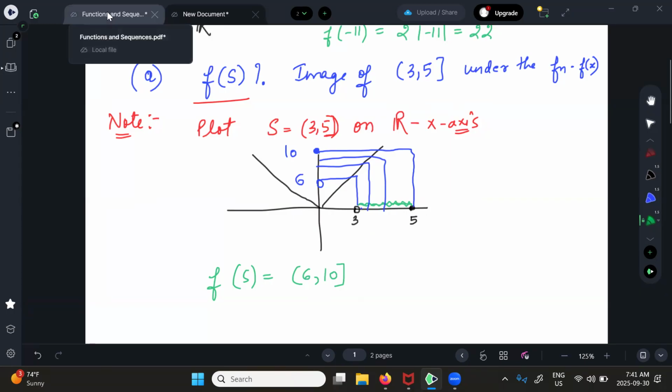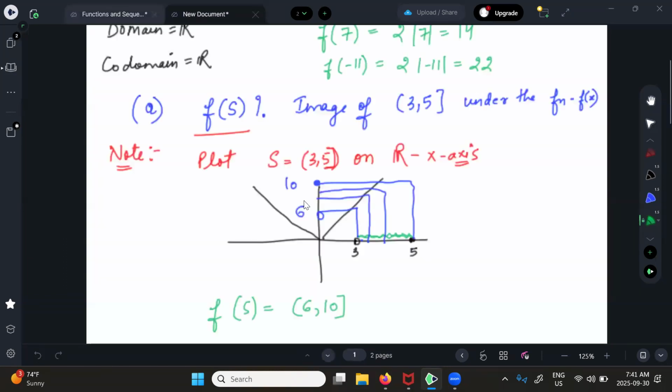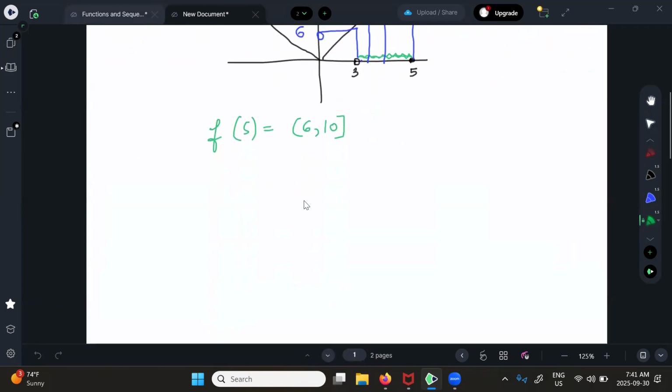Now the second part of the same question is part B. What is F inverse of S? Same concept, F inverse of S. As soon as I give you, find me the inverse, you know you're talking about pre-image.